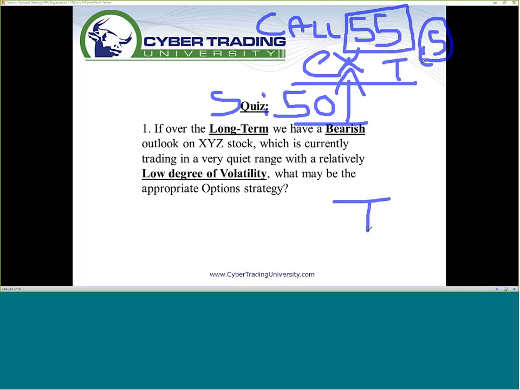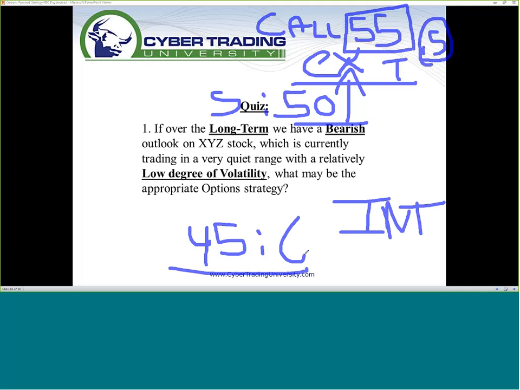Intrinsic value would be if we had bought an option that gives us the right to own the stock at 45. The stock is at 50, but I want to buy an option that's worth 45. How much would I pay for that? I may pay $6 for that. Say, wait a second. If I want to buy the stock at 50, why would I want to buy an option that gives me the right to own at 45?